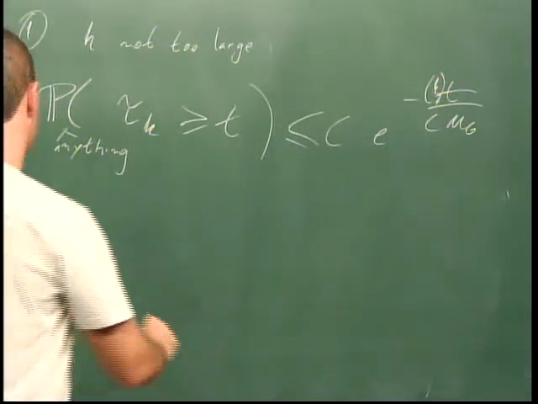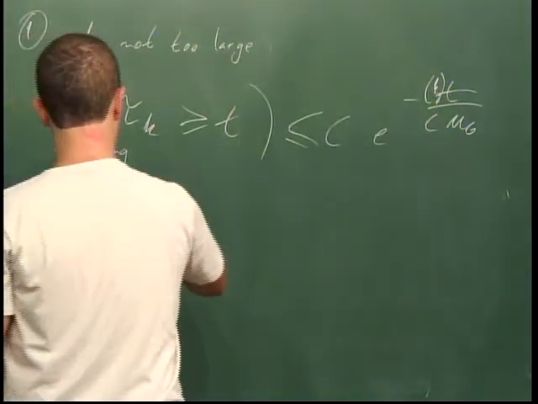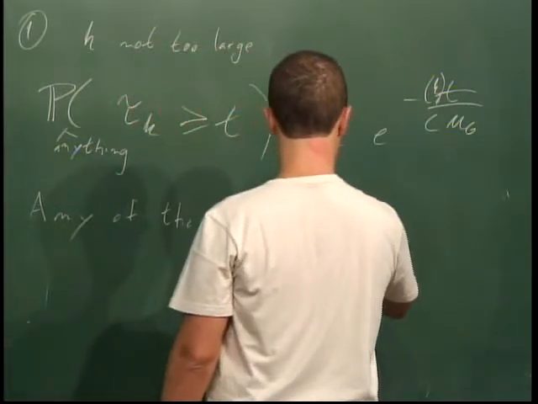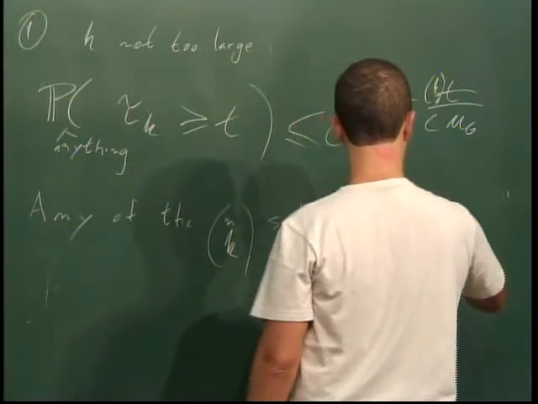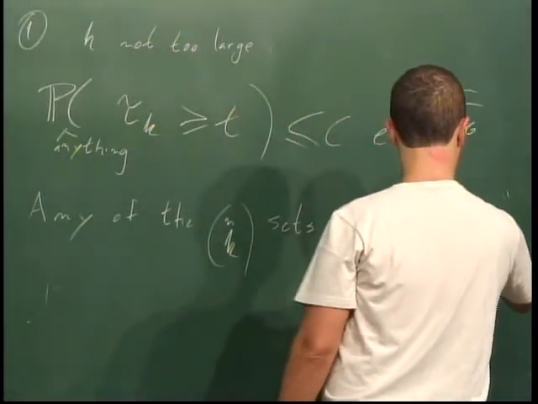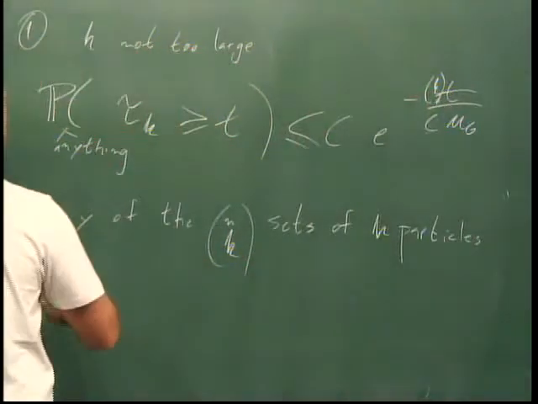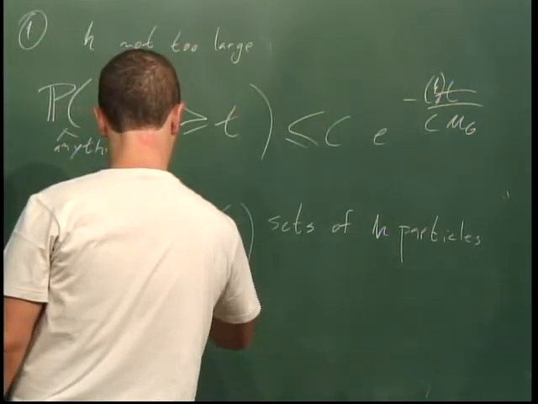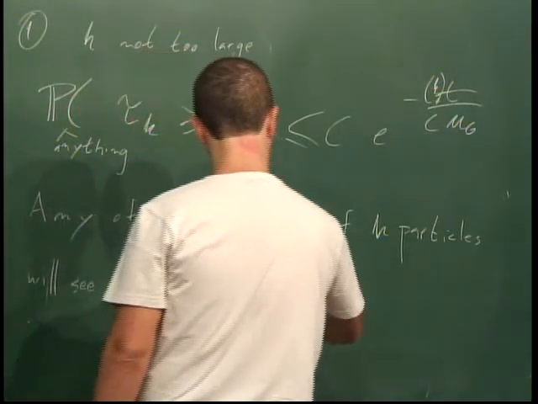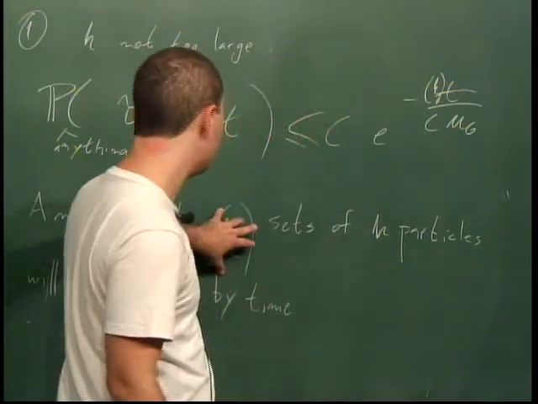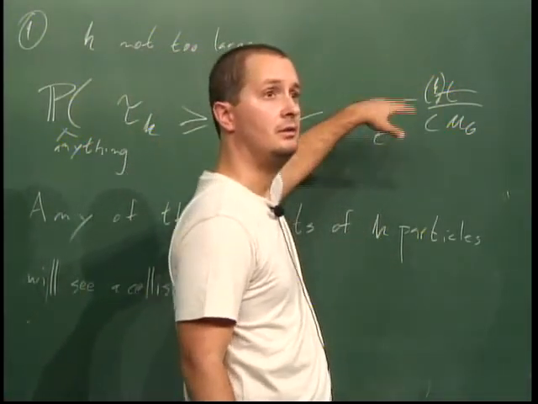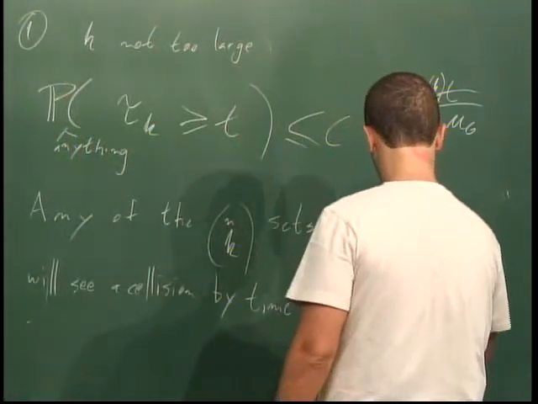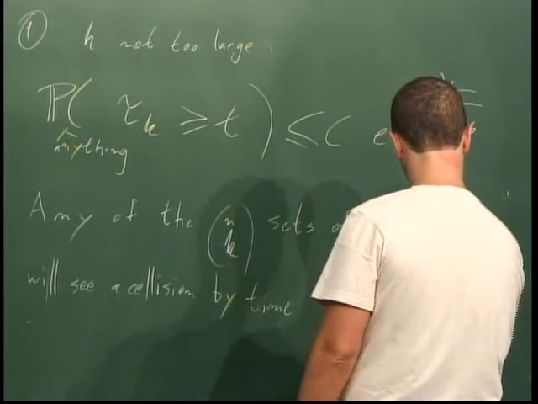So if you use this, any of the n choose k sets of k particles in the beginning of the process will see a collision by a time t; you want n choose k times this to be small. And then you have to see how large you need t to be. And it turns out that's going to be mu sub g times log of n divided by k.